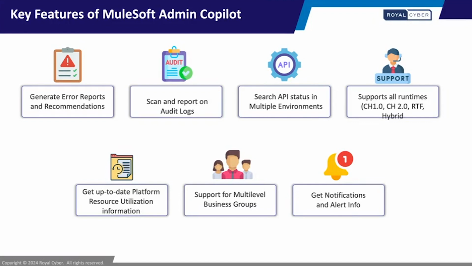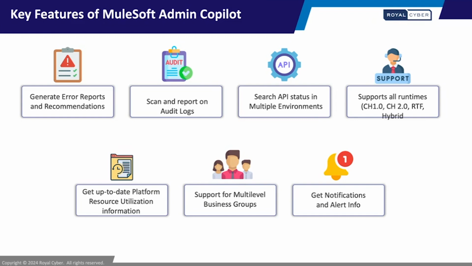Now, these are some of the key features that we have identified over time while implementing this with our customers. Number one, it generates error reports and recommendations so you can fix issues really quickly. It will help you scan and report on all the audit logs and provide API status on multiple environments.